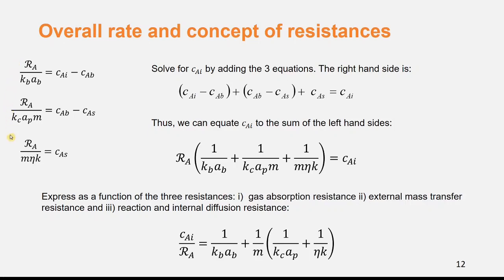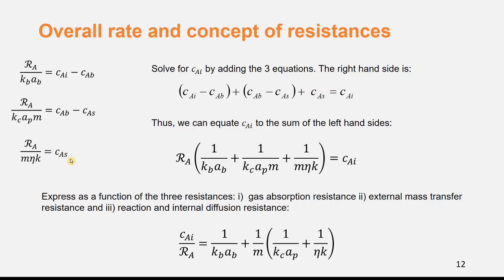These are the same 3 equations that we had on the previous slide. And now we will add them all together. And the right-hand side becomes CAI minus CAB from here, plus CAB minus CAS from here, plus CAS from here.